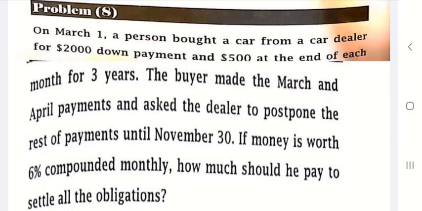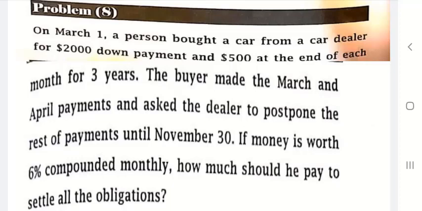Problem 8. On March 1, a person bought a car from a car dealer for $2,000 down payment and $500 at the end of each month for 3 years. The buyer made the March and April payment and asked the dealer to postpone the receipt of the payment until November 30.